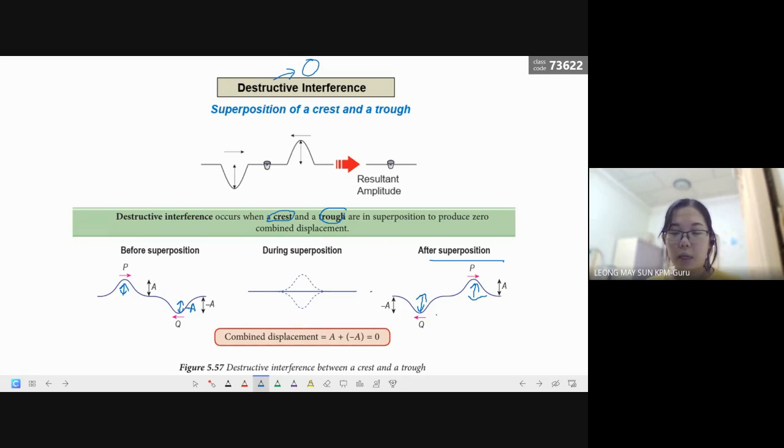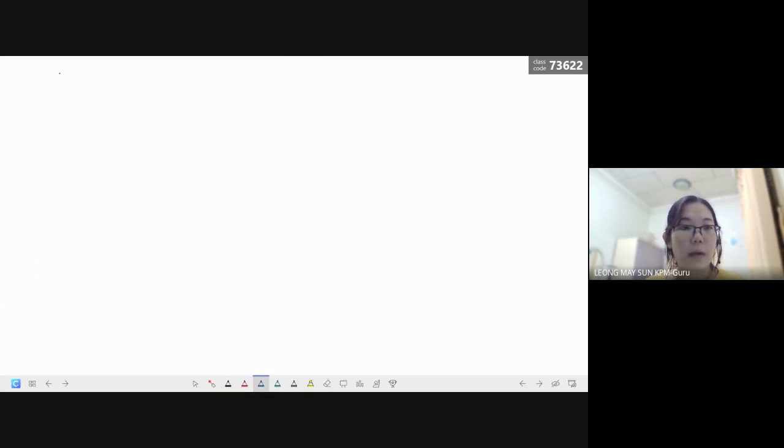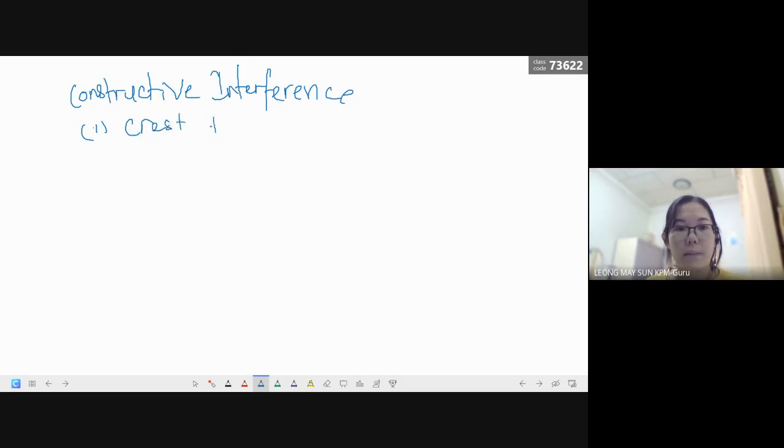In short, constructive interference means louder for sound wave, brighter for light. Let's write this. Constructive interference is when one, a crest plus a crest, or two, a trough plus a trough.